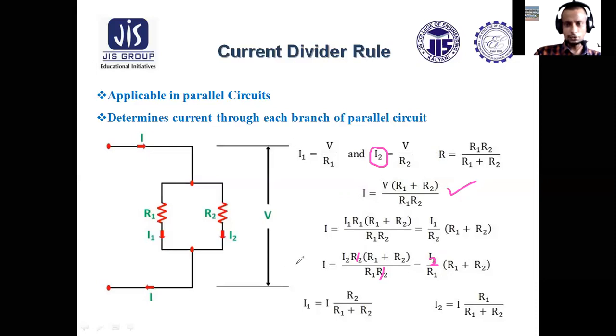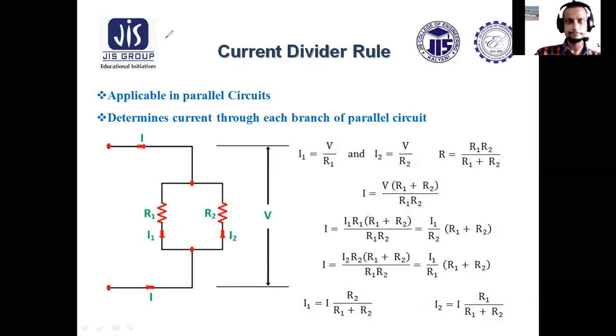So I2 equals I into R1 by R1 plus R2. This is known as the current divider rule. To remember it, if you want to find the current through R1, then the opposite resistance R2 will be in the numerator. Similarly for I2, when you are finding the current through R2, the opposite resistance R1 will be in the numerator.